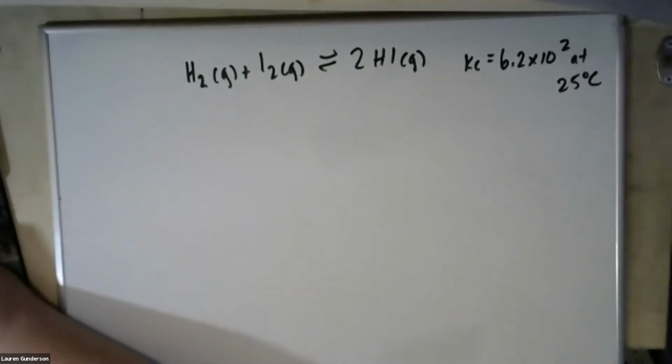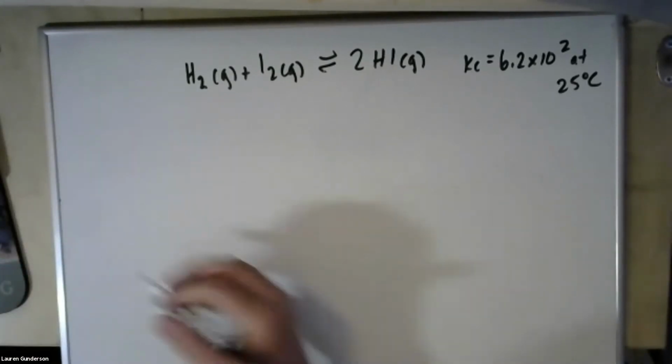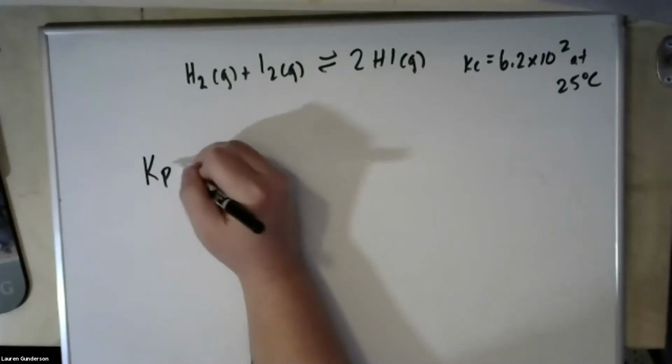Okay. So we have all the info that we need. We'll go back to our formula. Here we're finding Kp.